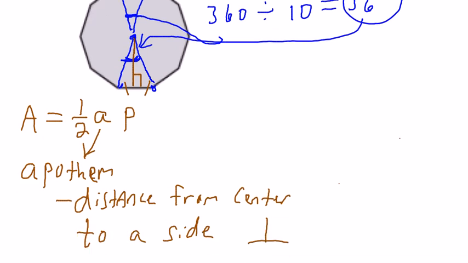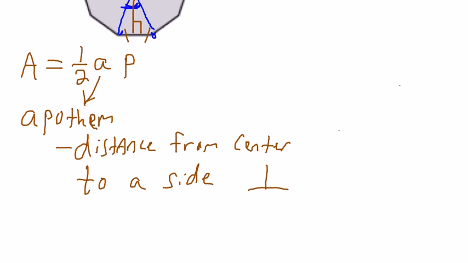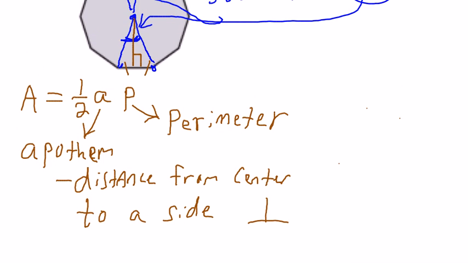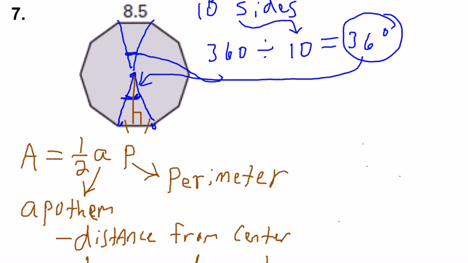All right. Now the P in this formula simply stands for perimeter. Every one of these problems is a little bit different, but in the end you need to make sure that you know what the apothem is and what the perimeter is, because you're just going to multiply those and multiply them by 1/2, and that will be the area of the full shape.